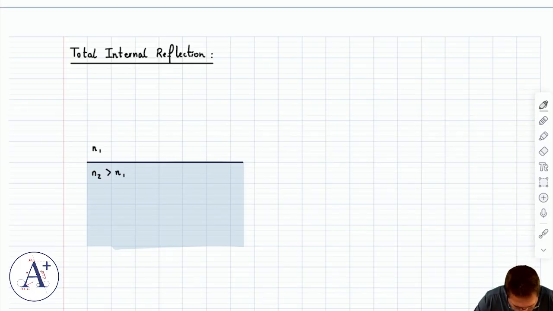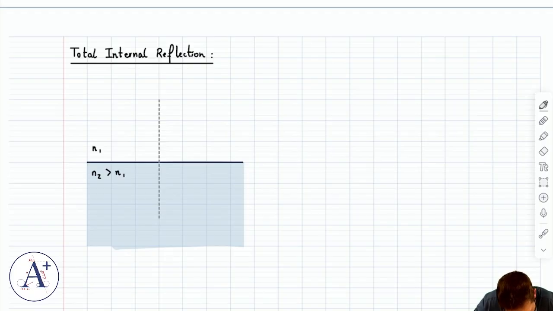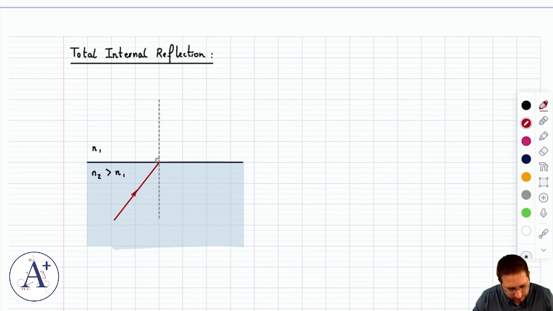Okay, so let's draw the normal to the surface just to have it. All right, and let's draw a ray of light that this time comes from here.